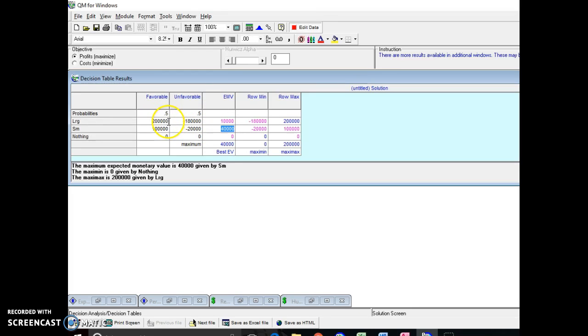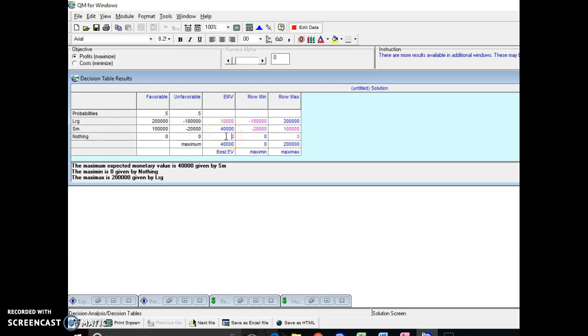Incidentally, the calculations, as you recall, 200,000 times 50% plus a negative 180,000 times 50% is equal to $10,000. 100,000 times 50% minus $20,000 times 50% is equal to 40,000. And of course, 0 times 50% plus 0 times 50% is 0.